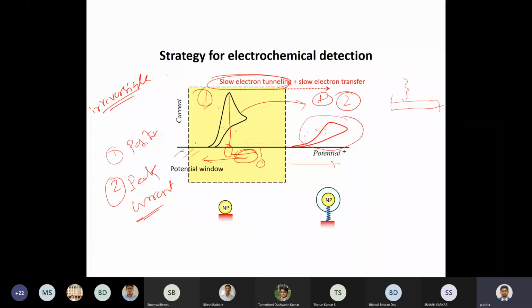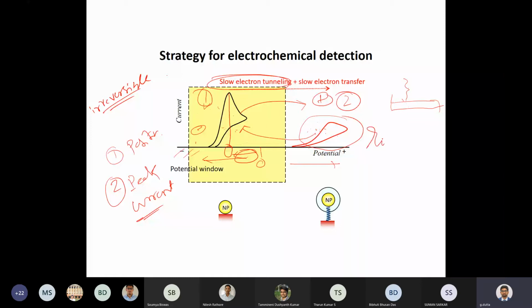But if it is fast electron transfer, then you can go back to the left side, the negative side. Negative side means you can easily oxidize. Positive side means more and more positive potential you have to apply. You need more energy, meaning their activity is very low.